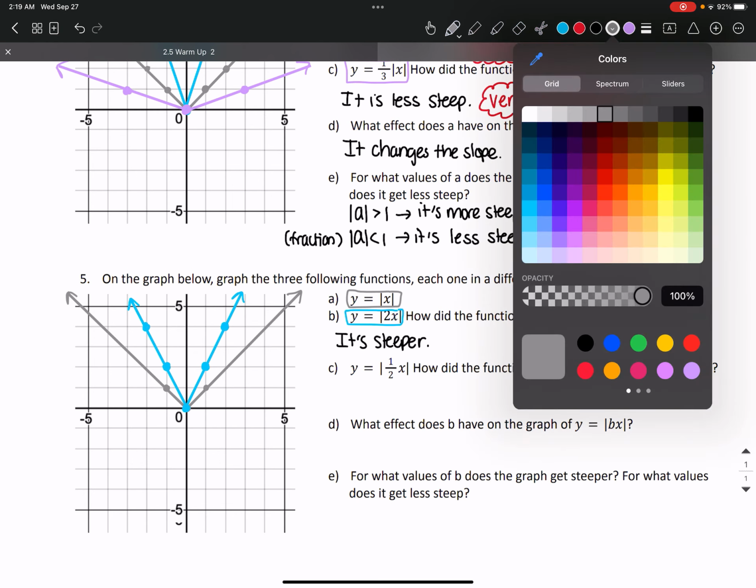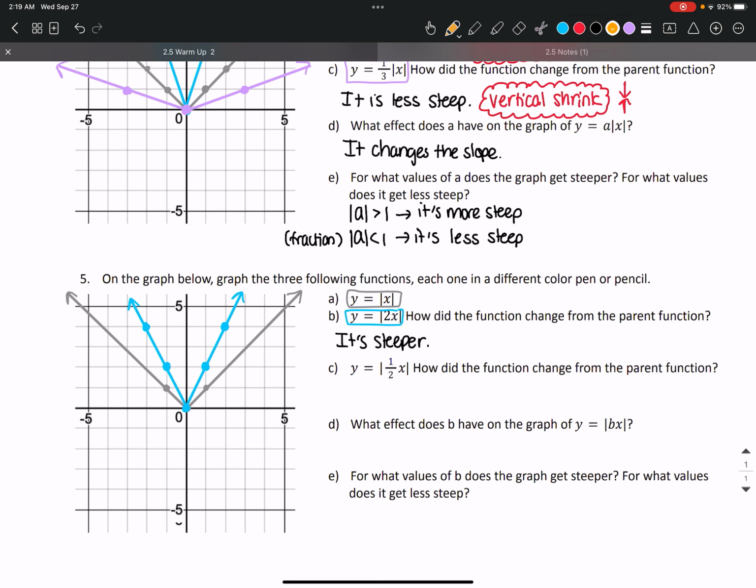What's happening horizontally is it's going to be a horizontal shrink. That means that I'm compressing it horizontally, which means I took this function, I pushed it in, and then it became this function. I pushed it in from the left and the right, and it became the blue function. So we call this a horizontal shrink. It's the same thing as a vertical stretch because they're opposites of each other, vertical and horizontal.